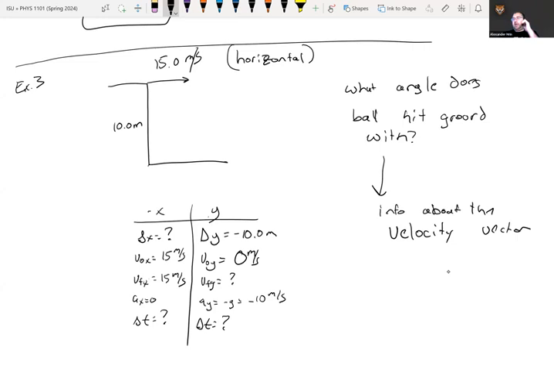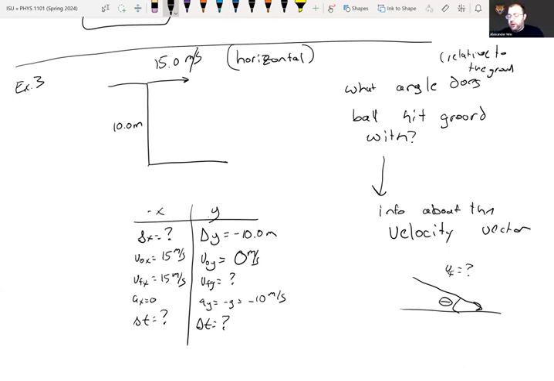The angle that it hits the ground with is basically the angle of the velocity vector, relative to the ground. So basically our V final will look like this, and it will strike the ground with some angle theta. And we need to know that.